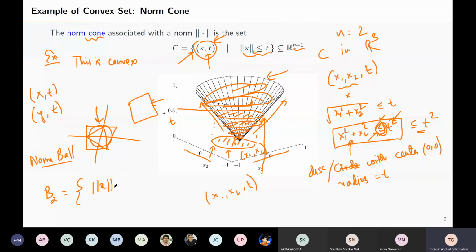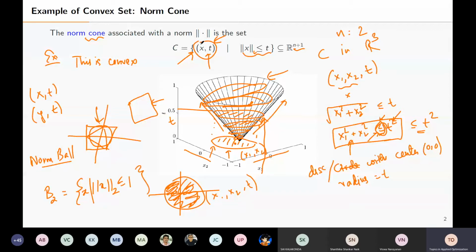So the radius is 1, so the norm of x is equal to 1, or I can also make it less than or equal. So in the ball, what I'm asking for is the set of all x such that the 2 norm of x is less than or equal to 1. So that's like this circle, and then everything inside the circle, so that's like a unit disk. The inside points are also there.